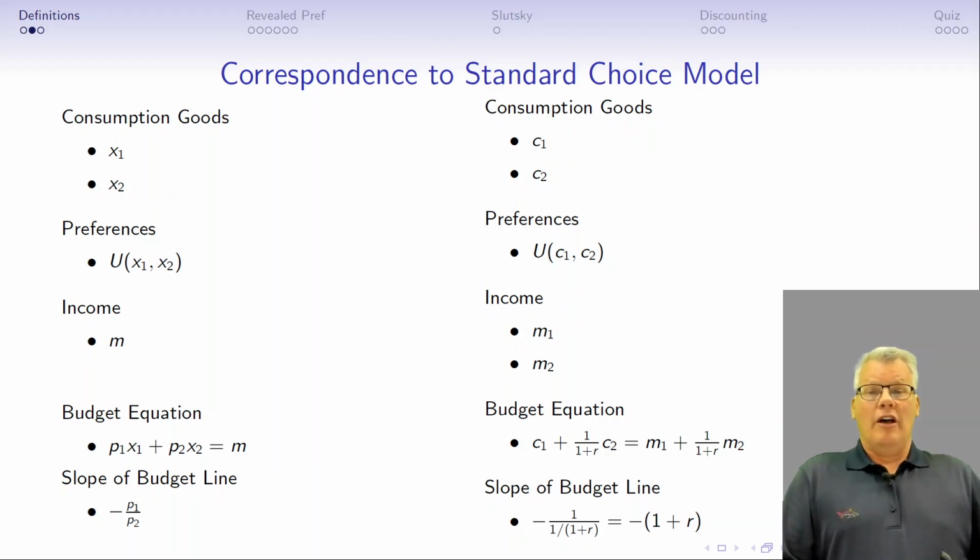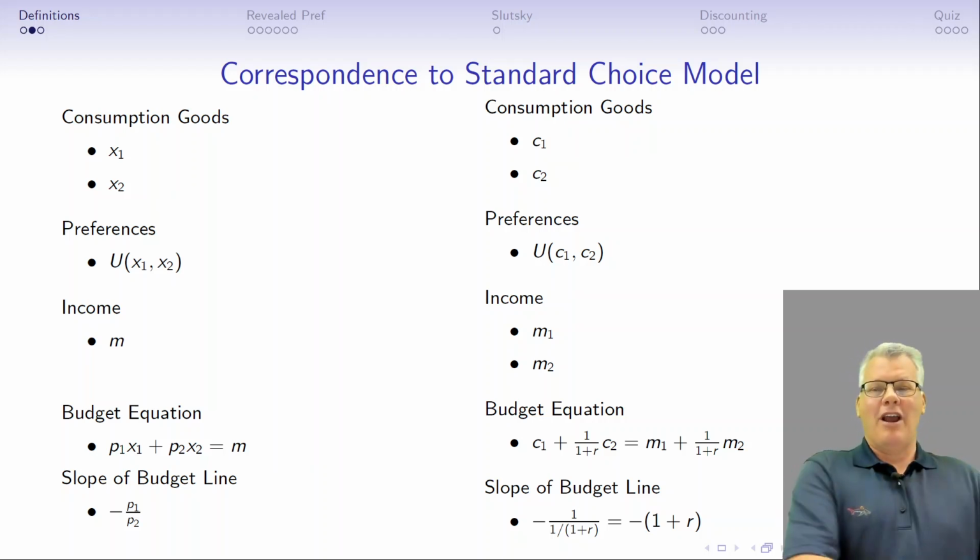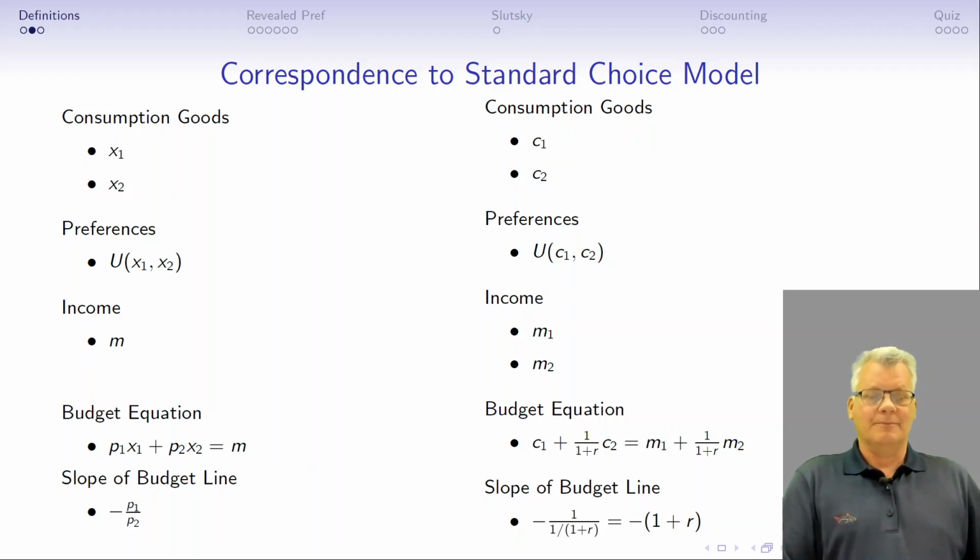So you remember the conventional form of the budget equation, which I have on the left. We have prices for time period 1, prices for good 1 and prices for good 2. In this intertemporal budget equation, this expression that I have here is relative to the first time period, right?